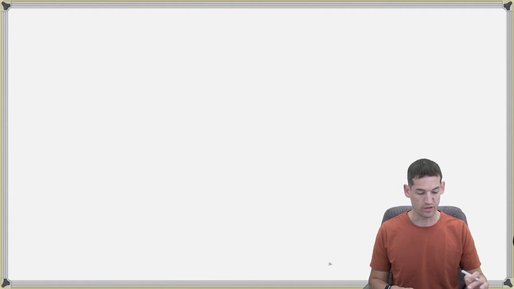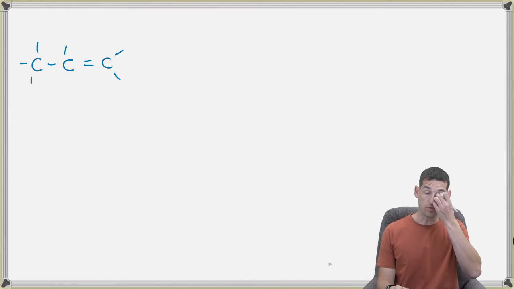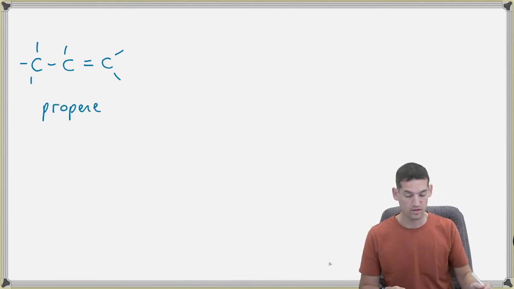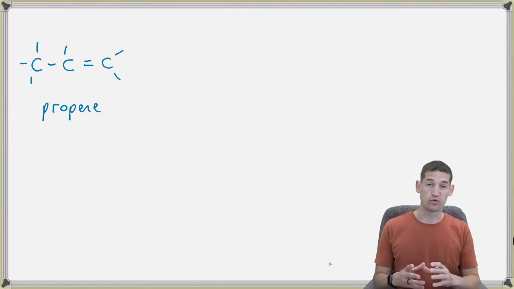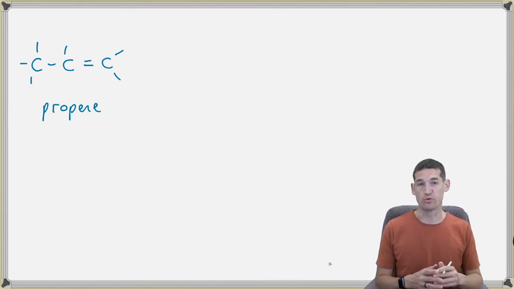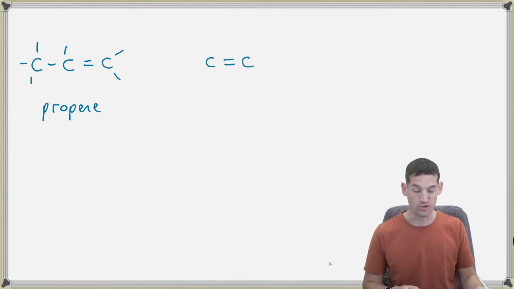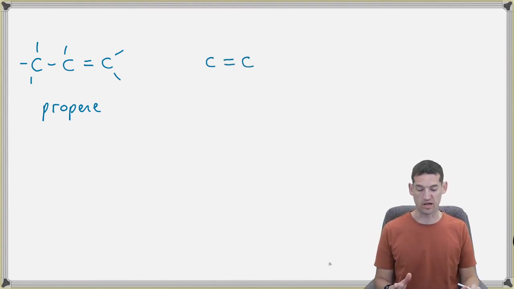All right, let's try another one that's a little bit more complex, but not a ton. Let's start with a propene monomer. All right, so there's our propene monomer. And remember that when you try to draw this into the polymer, you want to keep that double bond horizontal, and you want everything else to bend up or down.